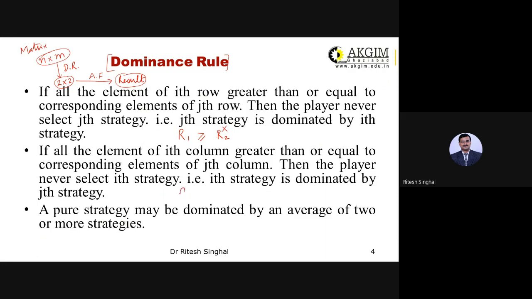Similarly, in terms of columns, that is the strategies for player B, if C1 is greater than or equal to C2, in that case, we'll remove the strategy which has greater column values. So you should remember here that in case of rows, we usually remove the row which has lesser values. In case of columns, we usually remove the column which has greater values.